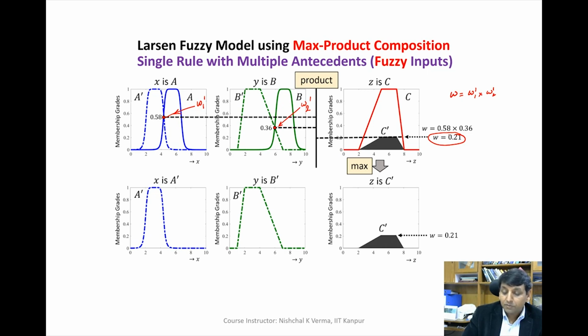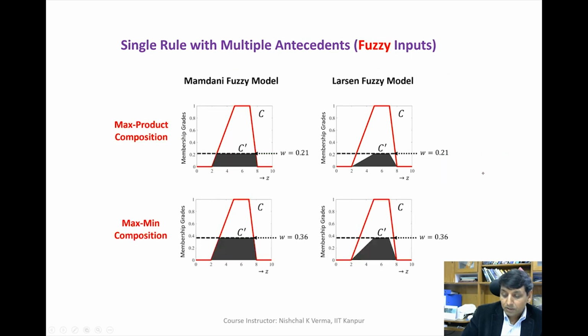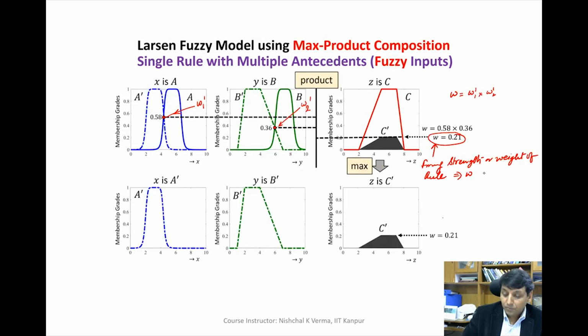the firing strength of the rule, or the weight of the rule, which is W is equal to 0.21.